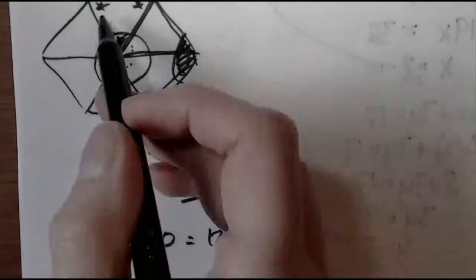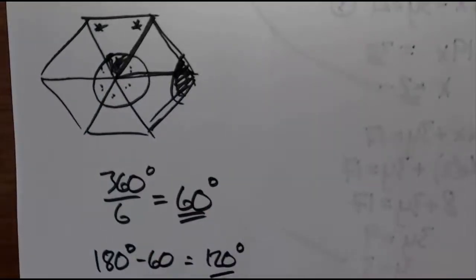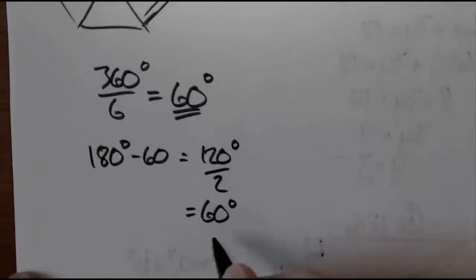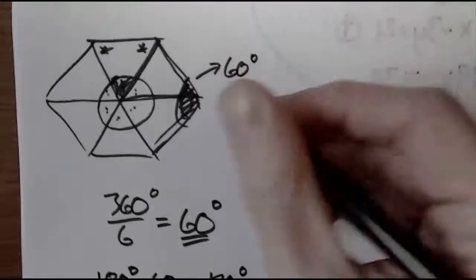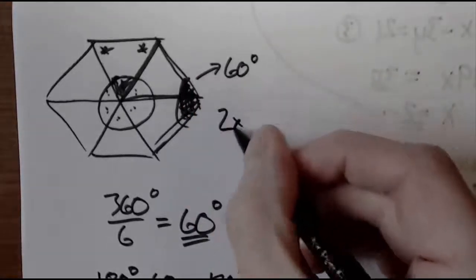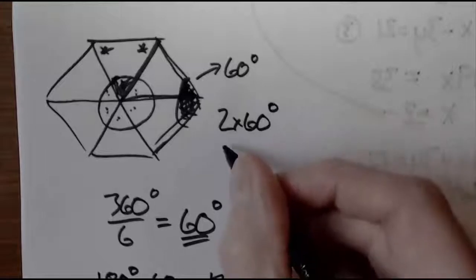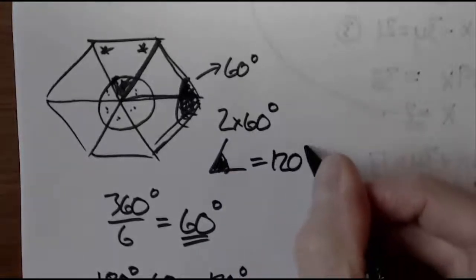And 120 divided by 2, because they're equally shared, these are also 60 degrees. Okay, so one of these angles is 60 degrees, so therefore these two angles joined together, it's just 2 times 60. So effectively this shaded angle is 120 degrees.